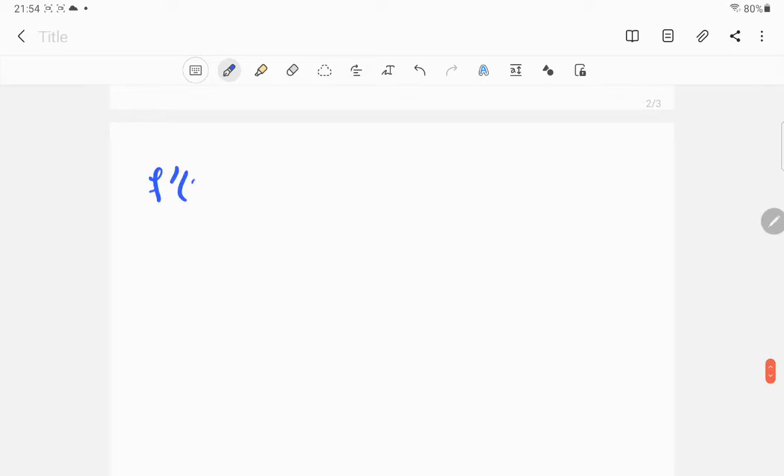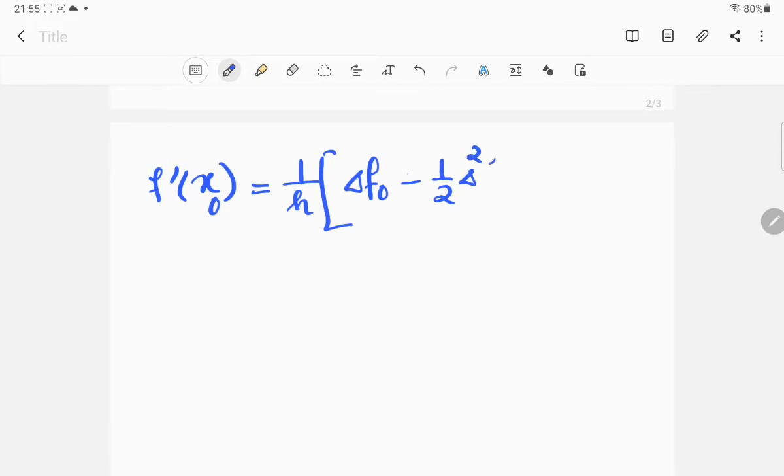So we know the equation for f dash x naught is nothing but 1 by h times del f naught minus 1 by 2 del 2 f naught plus 1 by 3 del 3 f naught, and so on.